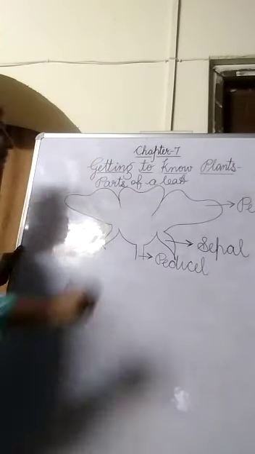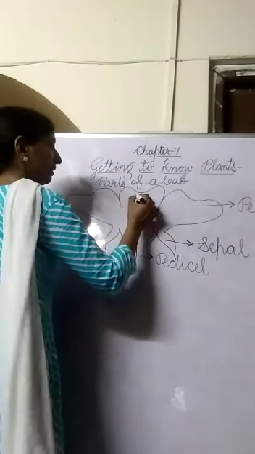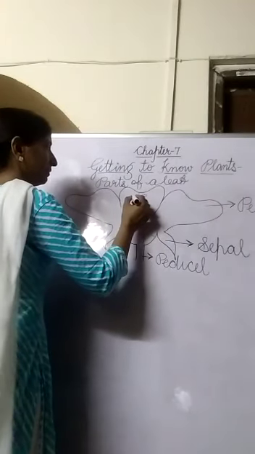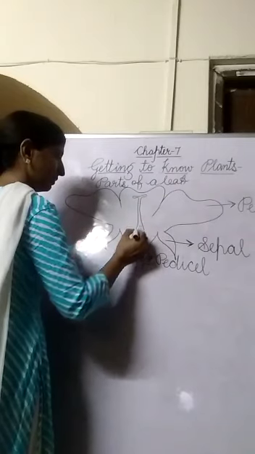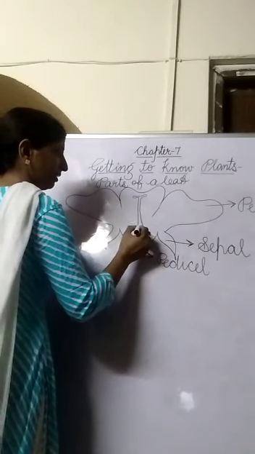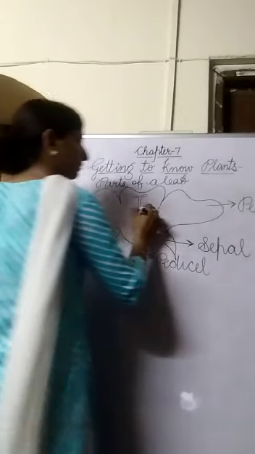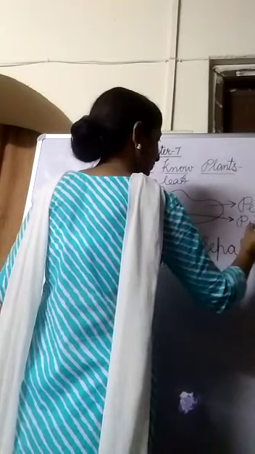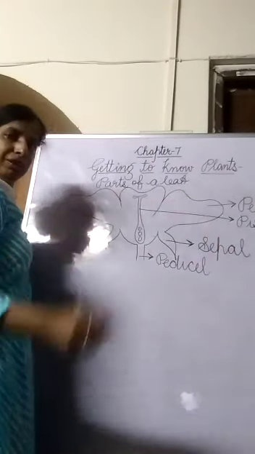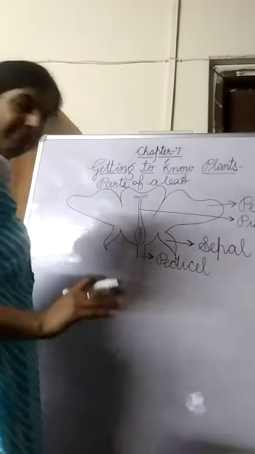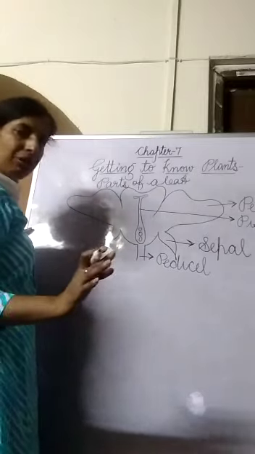Right? And in the center of a flower, there is the female part. This female part is called pistil. In the previous videos, we have discussed all parts of a flower in detail, so now I am only summarizing.